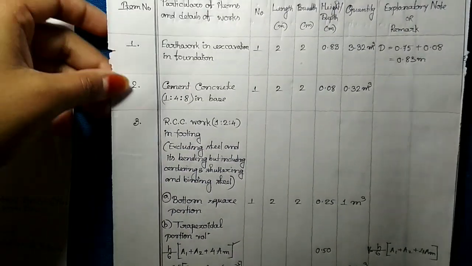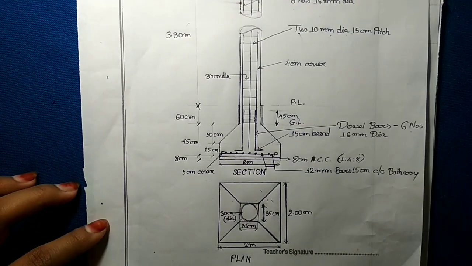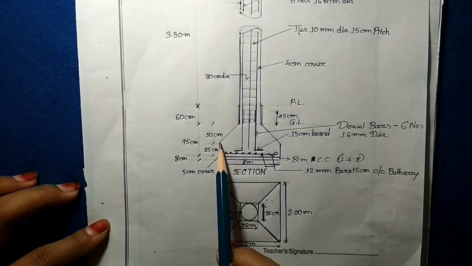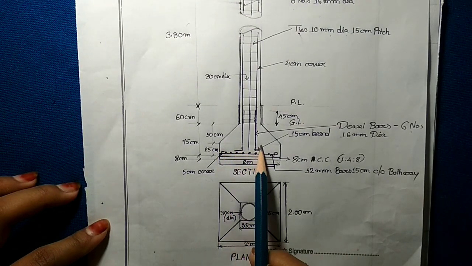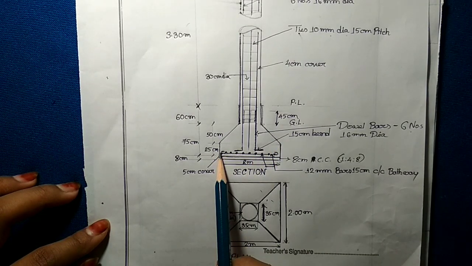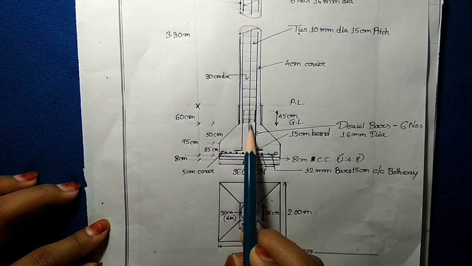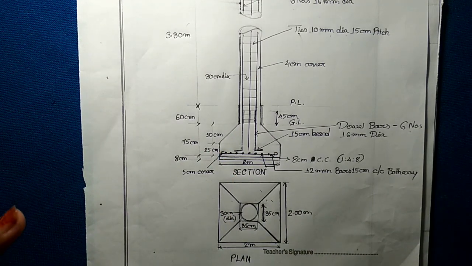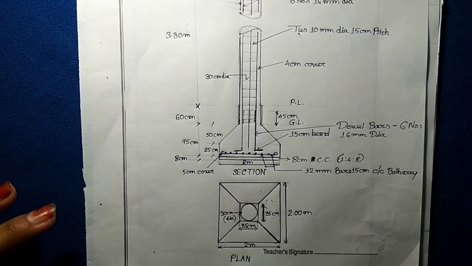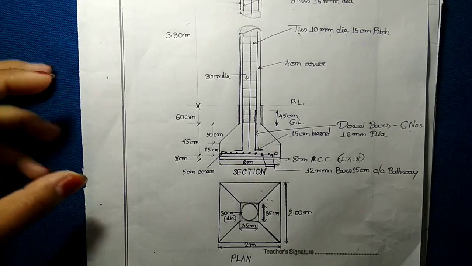But in this section, you can see, if we draw a straight line from here to this point, you can clearly see this is a rectangle and this is a trapezoid. So we will do the calculation separately for the rectangular part and the trapezoidal part.